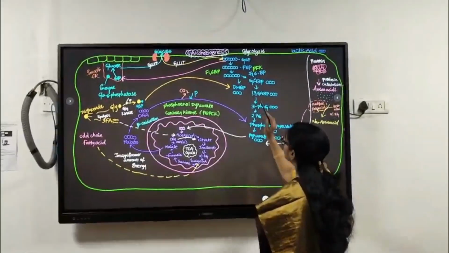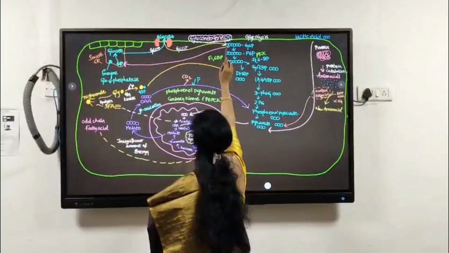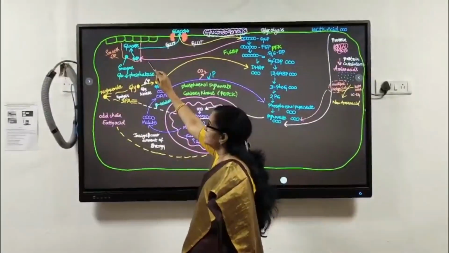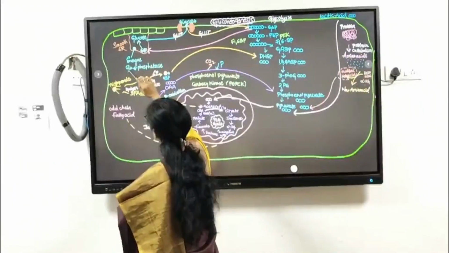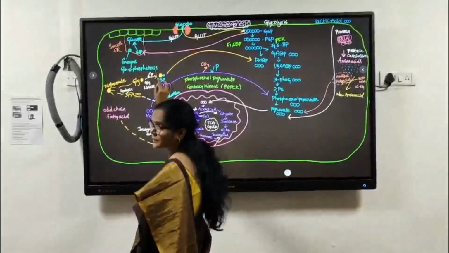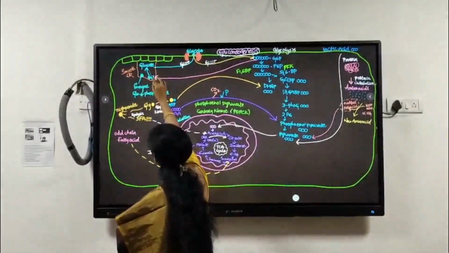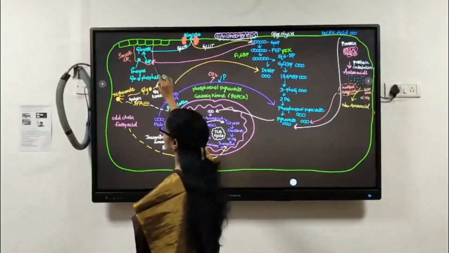Then this glucose 6-phosphate from the cytoplasm enters the smooth endoplasmic reticulum, and here in the smooth endoplasmic reticulum, the enzyme glucose 6-phosphatase is present, which is capable of forming glucose from glucose 6-phosphate.